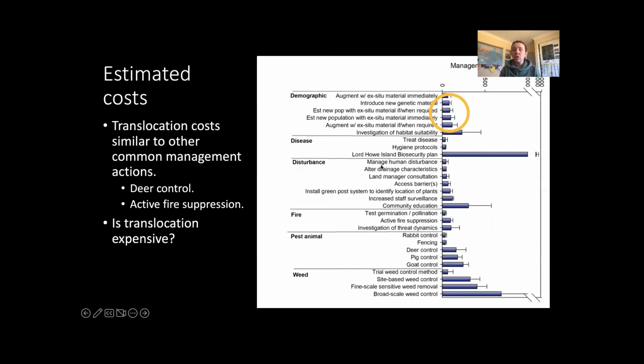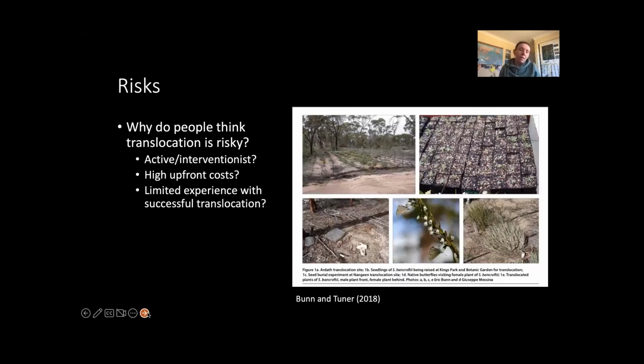So is translocation more expensive? Well, not really. In terms of estimated costs, it was pretty similar to pest animal control and fire suppression. So is it expensive? It depends on your frame of reference.